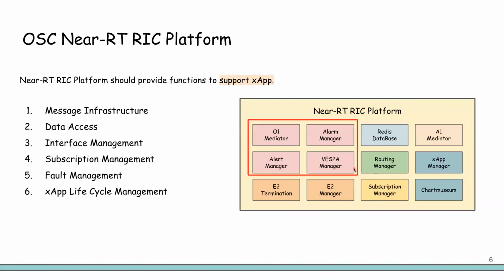Next is the alarms: when some faults occur or there are some metrics, we need to report this data to the higher layer, something like the SMO, over the O1 interface. The last one is the xApp lifecycle management. It is a very important function because we want to let xApps run on top of this platform.